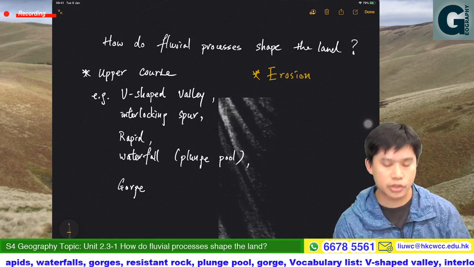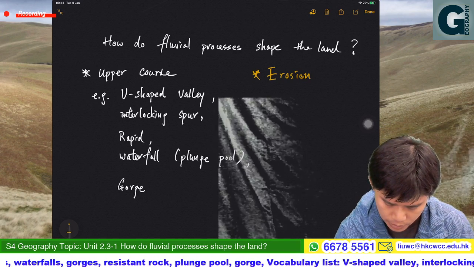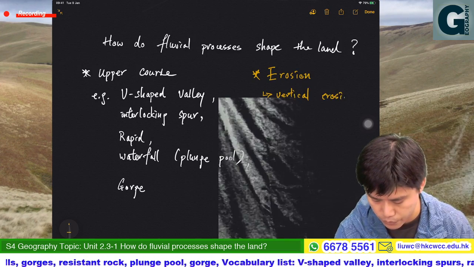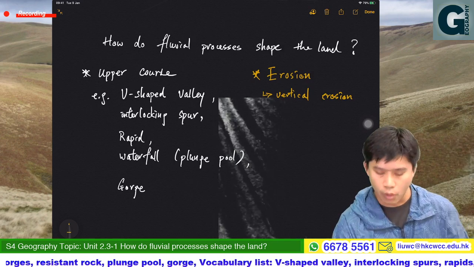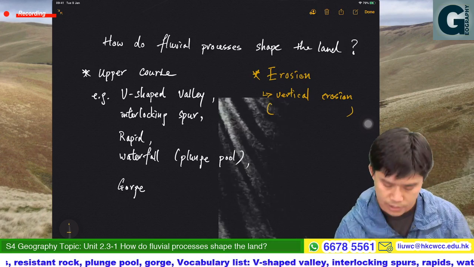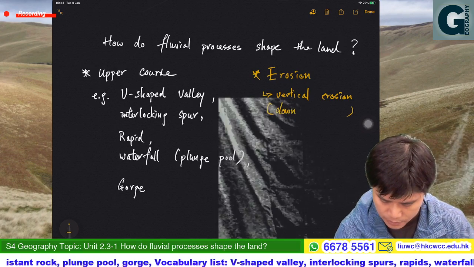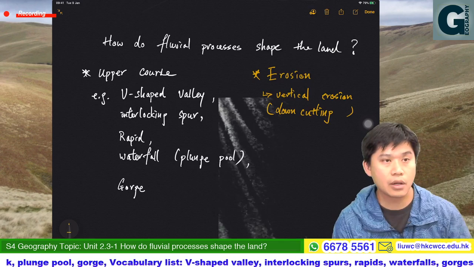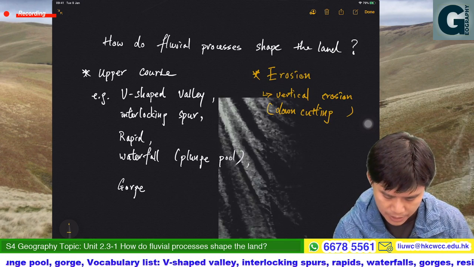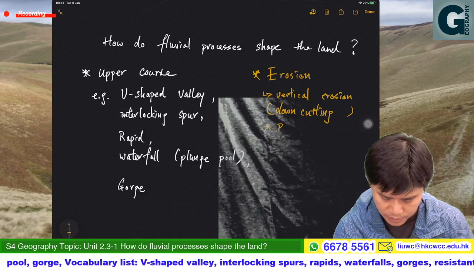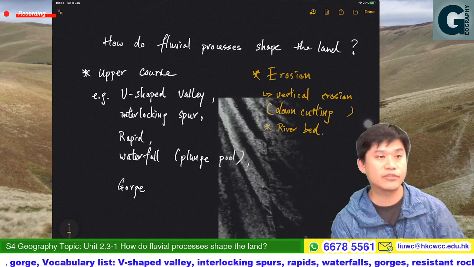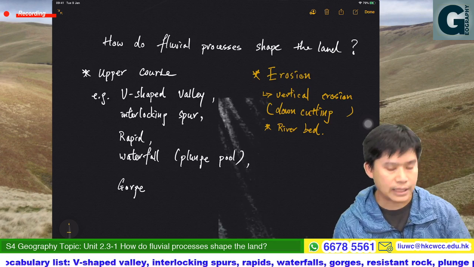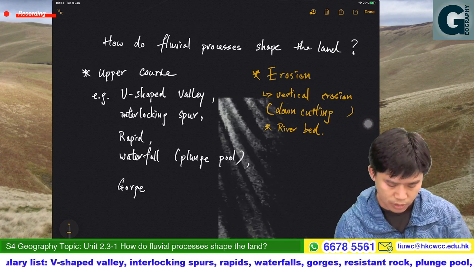But for the erosion, make sure you know that it is vertical erosion, or what we have always called down cutting, which mainly takes place at the riverbed.